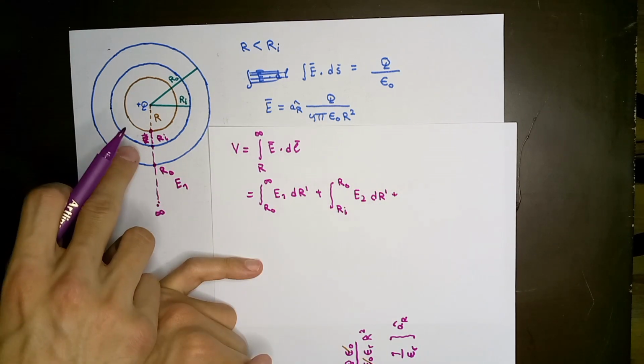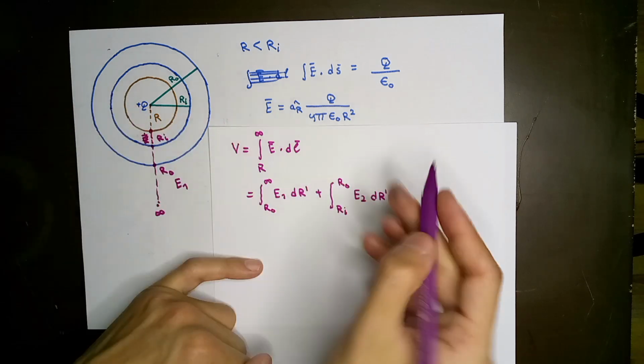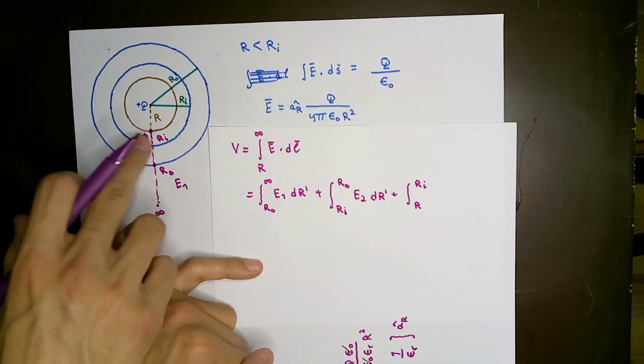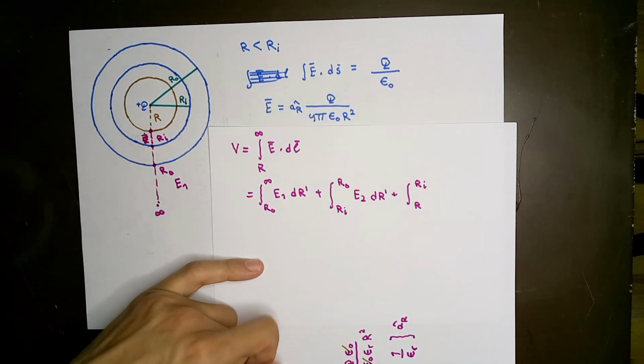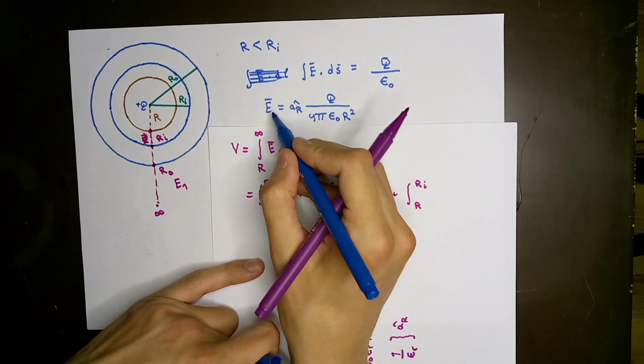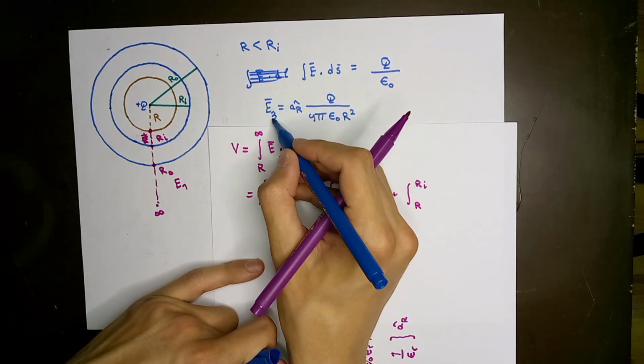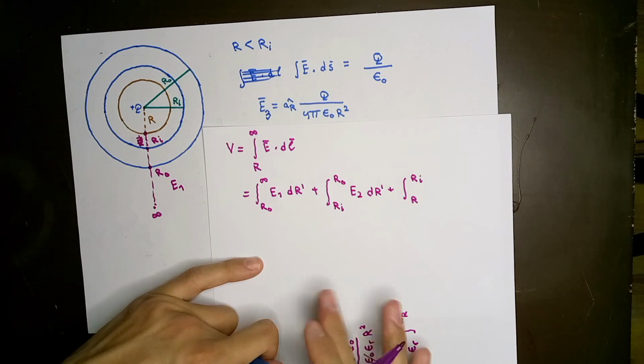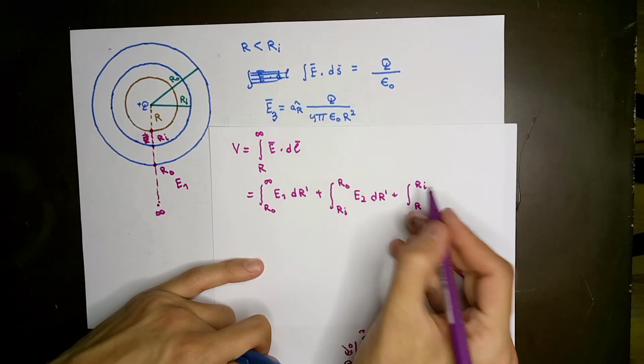And the third region is between r sub i and r, and the electric field in this region, let's say, is equal to E3, the last electric field that we have calculated.